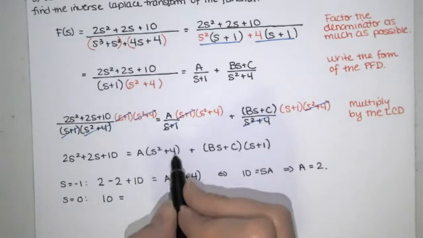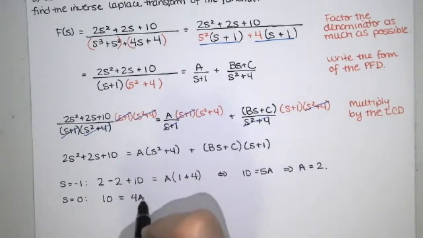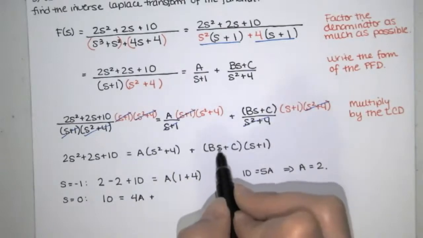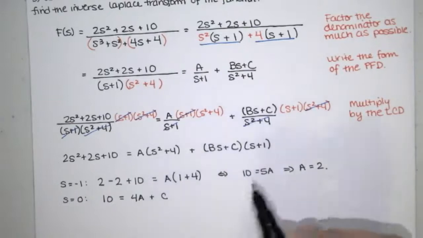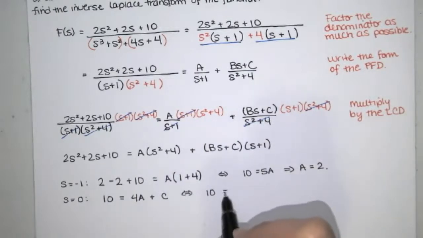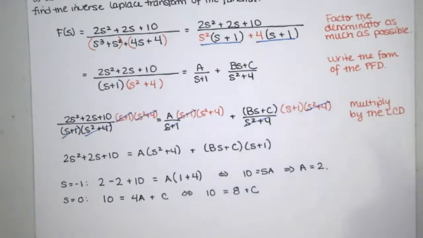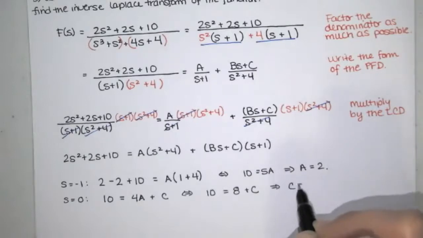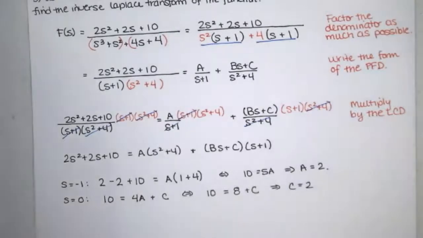Then we're going to have 4 times A here, plus B times 0 plus C, which is just C, times 0 plus 1. And we already know that A is equal to 2, so that means that we have 10 equals 8 plus C. And if we subtract 8 from both sides, we see that C must be equal to 2.